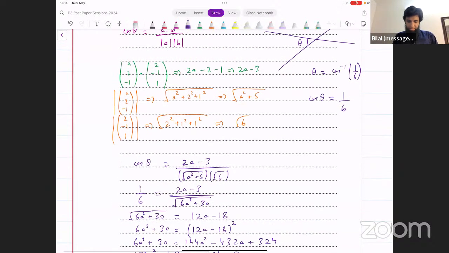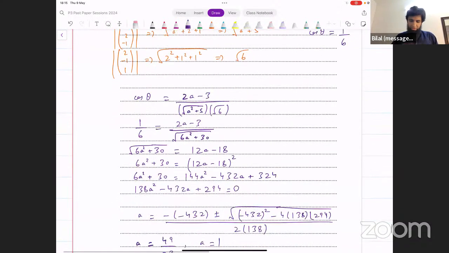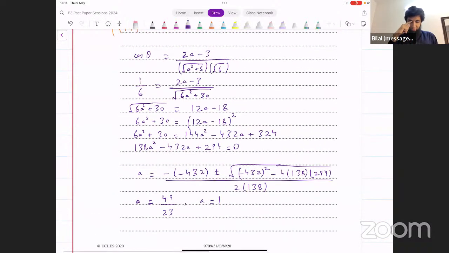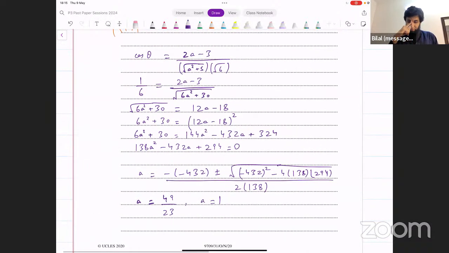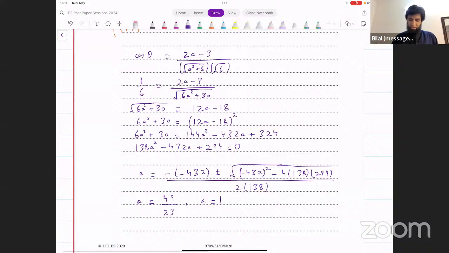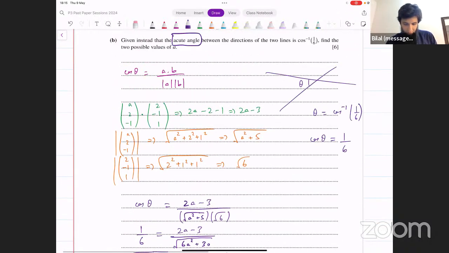And it looks like there's a problem because 2 into 1 minus 3 is going to give me something negative. Cos cannot be negative if the theta is acute. The other value of A that I'm getting is 49 over 23. What's that? That is going to give me something positive. So one value is giving me the correct thing. The other value is not giving me an acute angle.